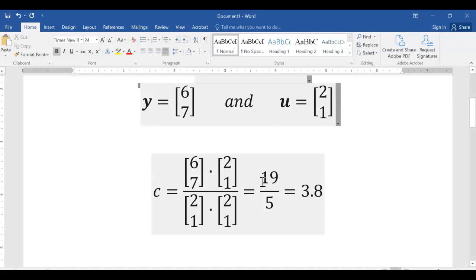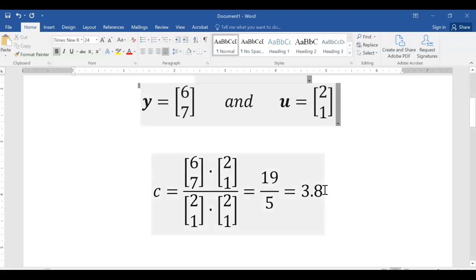That will give me a 19. So 6 times 2 is 12, plus 7 times 1 is 7, so 12 plus 7 is 19. 2 times 2 is 4, 1 times 1 is 1, 4 plus 1 is 5. So we get a coefficient that is 19/5, which I'm going to write as 3.8.